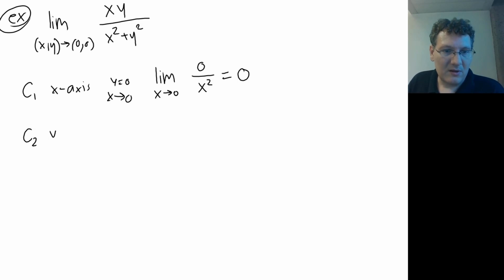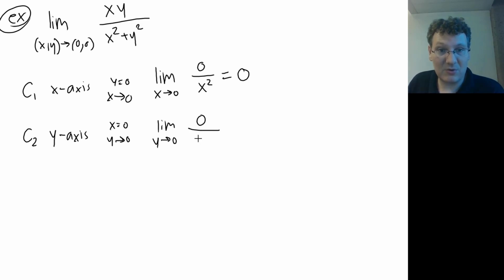Let's take another one. If we go along the y-axis, so x is 0 and y goes to 0, it's still going to be 0 over y squared. That's still 0. So you may think, oh, okay, well, the limit's probably 0.